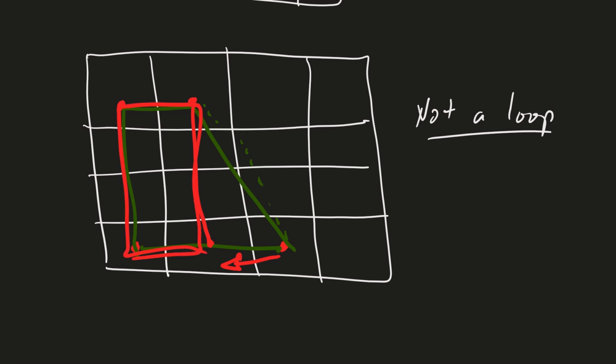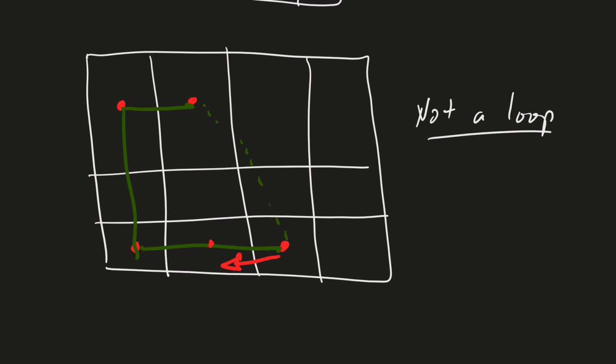Okay. What happens if I would have had a cell here? Would this be a loop then?